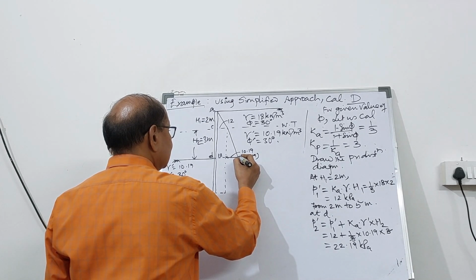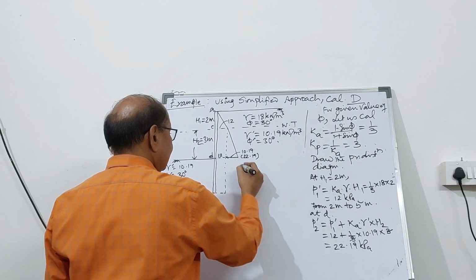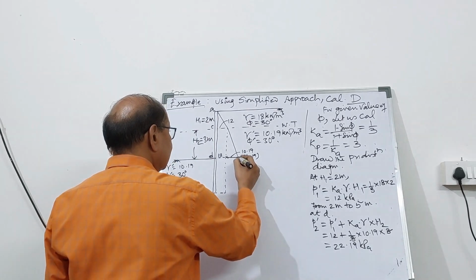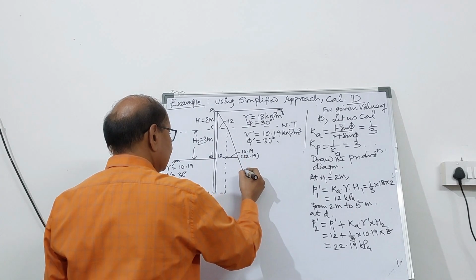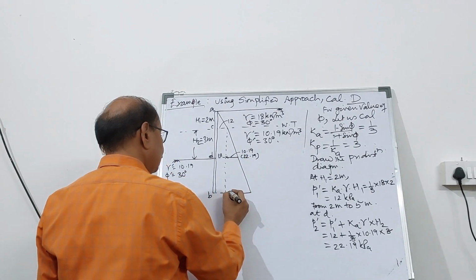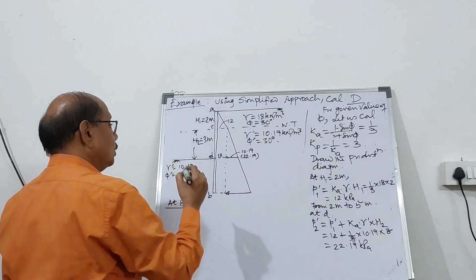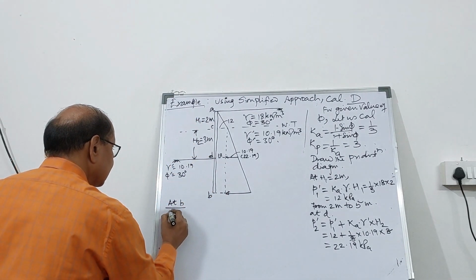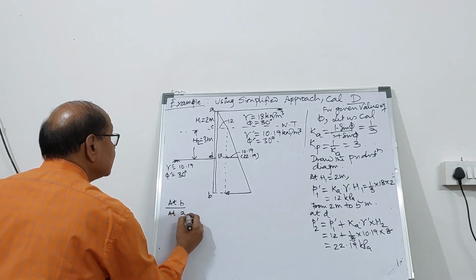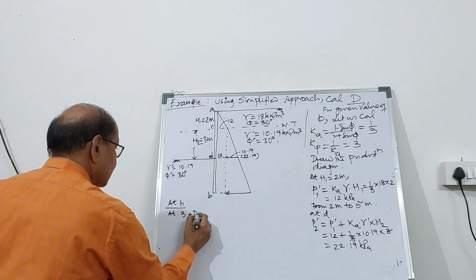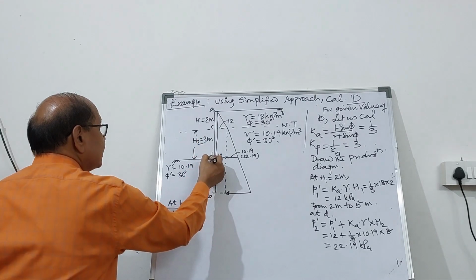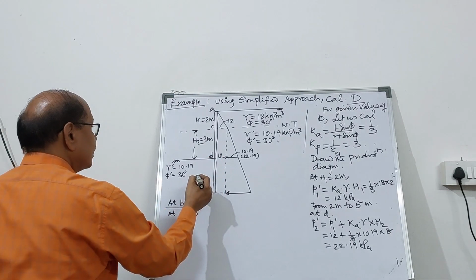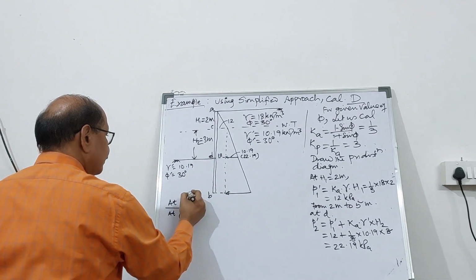So this pressure will extend from here, and it will go like this. So at 3 plus D, 3 meter plus this is the depth of embedment.